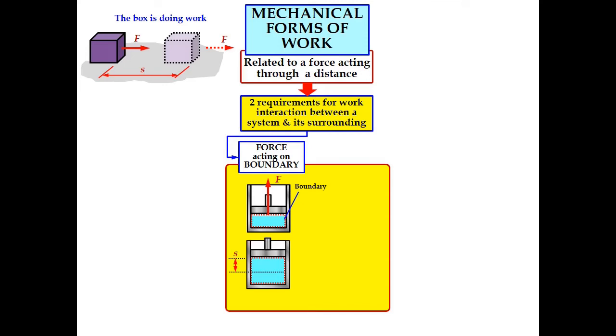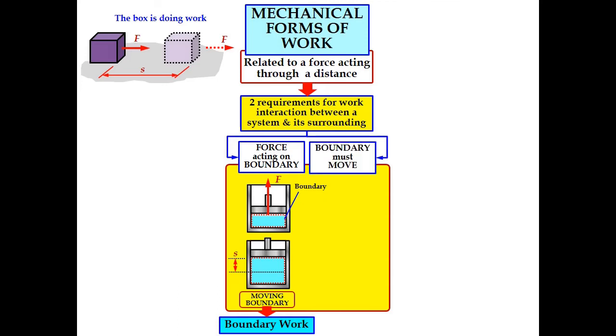The piston moves upward, so the piston moves a certain distance. So now we have a moving boundary for the system, and this moving boundary we consider as the boundary work, where later on we will have a specific topic to discuss the boundary work.